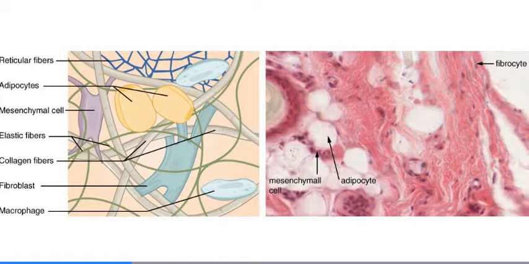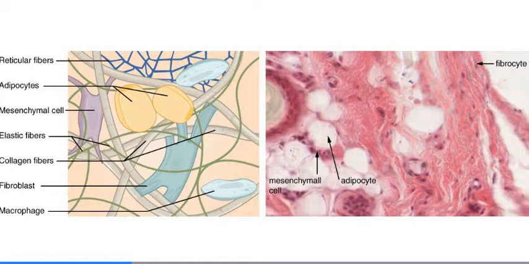And then the smaller ones, the green ones in this picture, are elastic fibers, and the darker ones that look like a spider web at the top are reticular fibers. Reticular fibers are actually a variation on collagen fibers. They're just thinner and more mesh-like. Reticular actually means network.